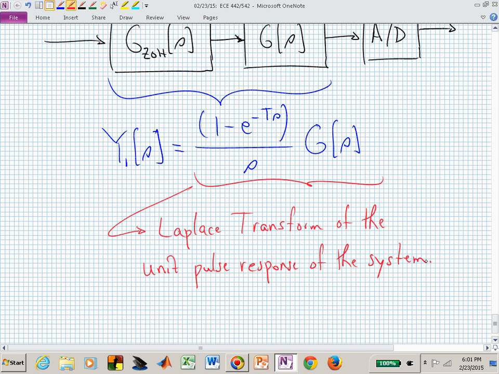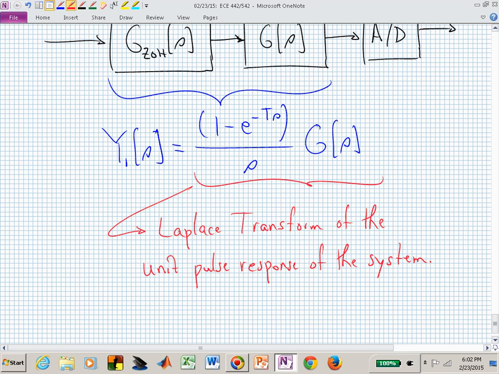That is what we would have if we applied that unit pulse for one sample period, capital T. So we're just kind of hitting that system with a pulse, and this is the response that we would see that is produced if our system was modeled by capital G of S.